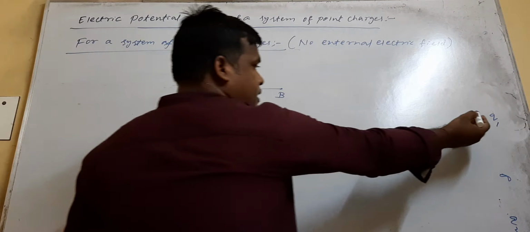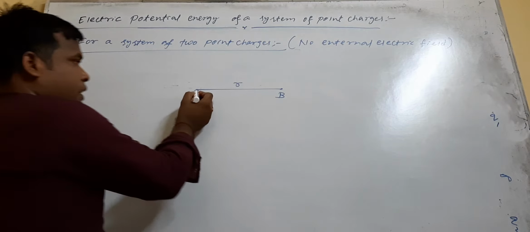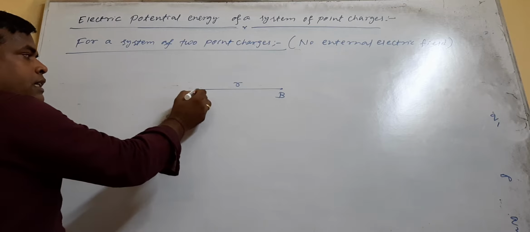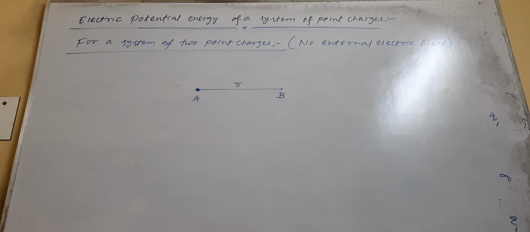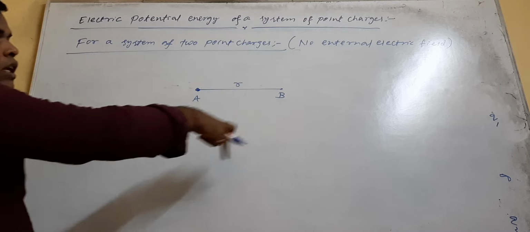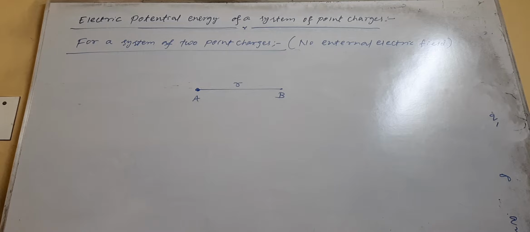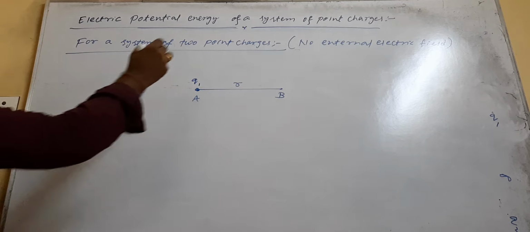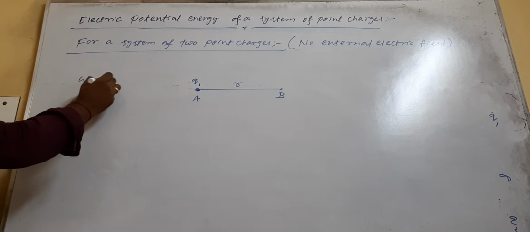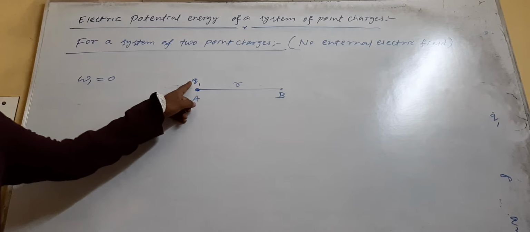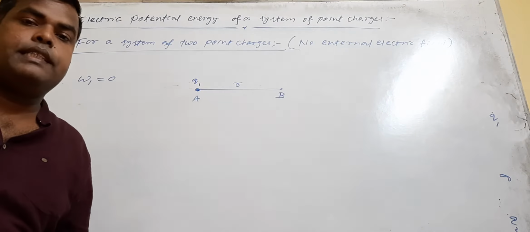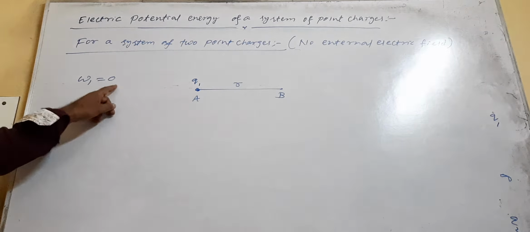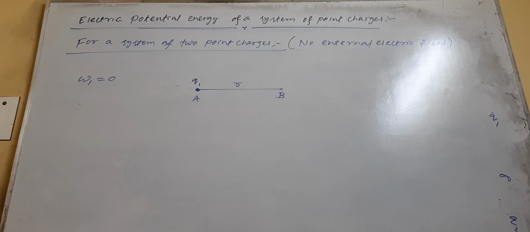Now you bring the charge Q1 to its place A. As there is no external electric field, in bringing the charge Q1 to A, what is the amount of work done? As this charge Q1 will not experience any force, work done is equal to 0.